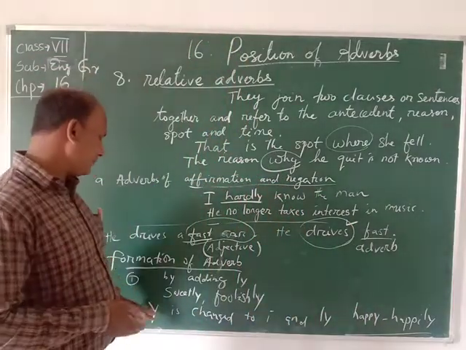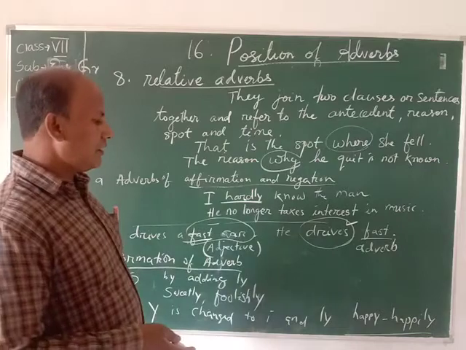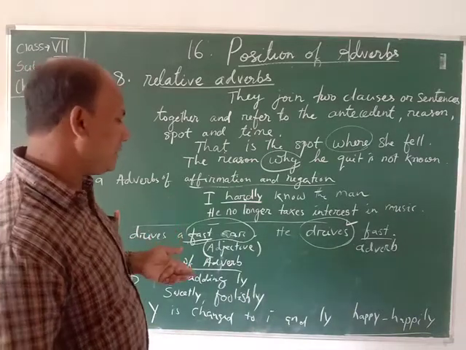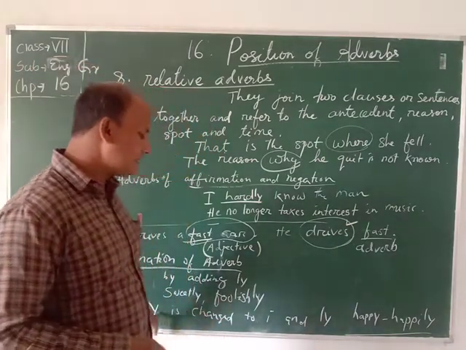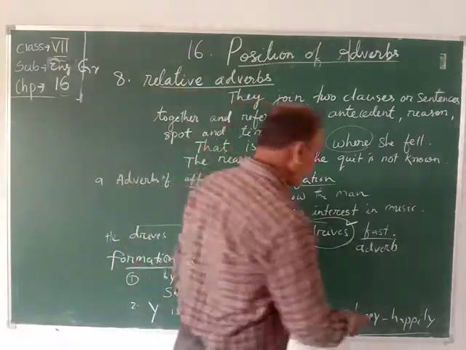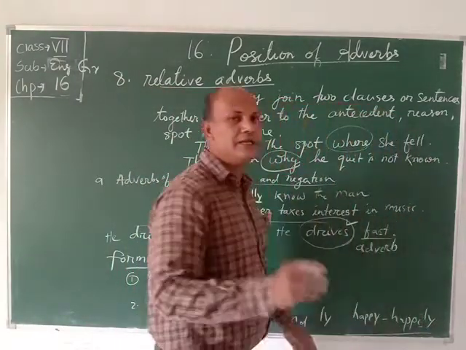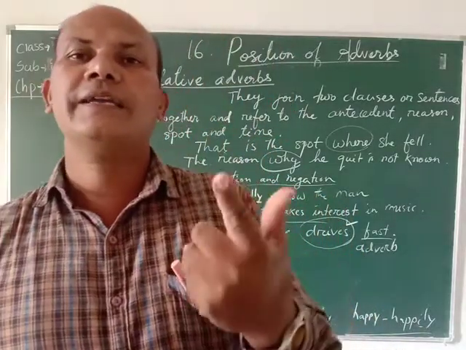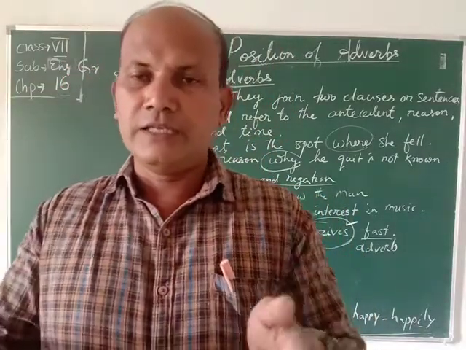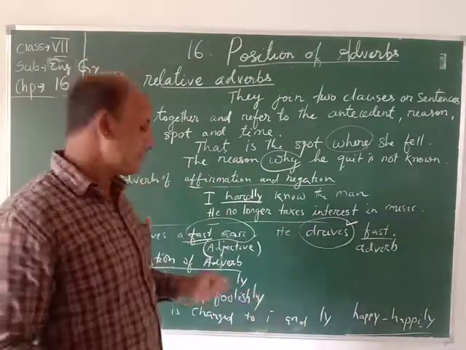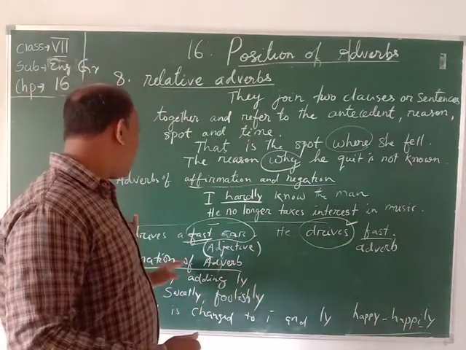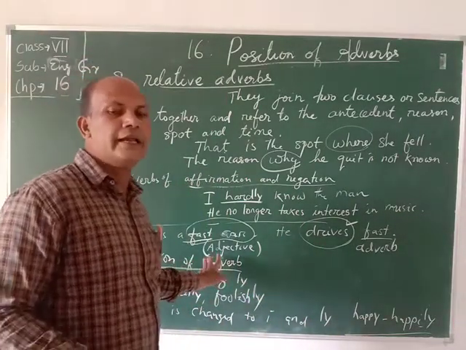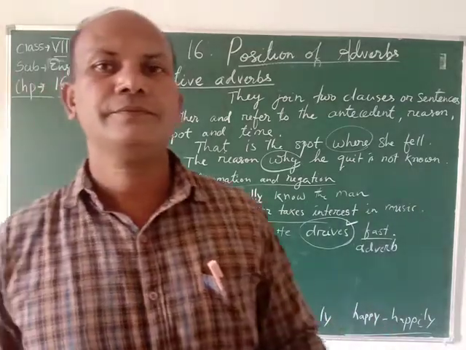Next one, y. Just happy. Happy को हम अगर change करते हैं तो happy का y, y is changed to i और ly. Happily. By changing y into i and adding ly, in this way we can change adjectives to form adverbs. Do you understand?